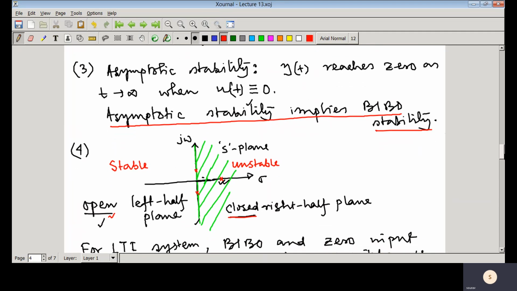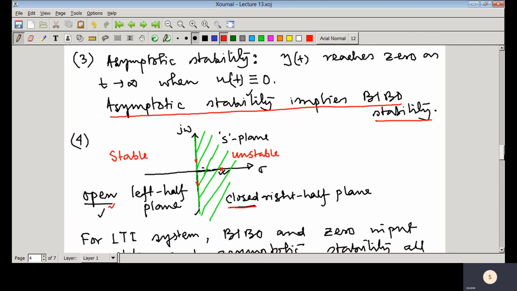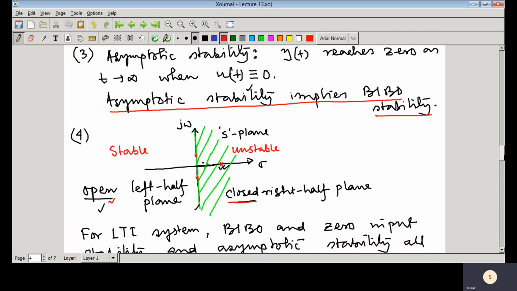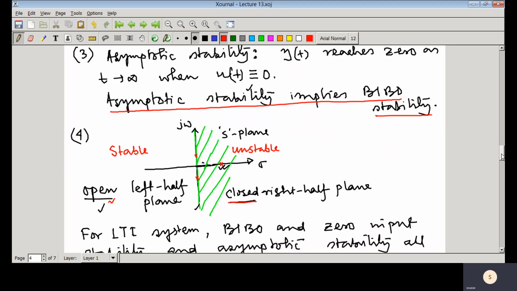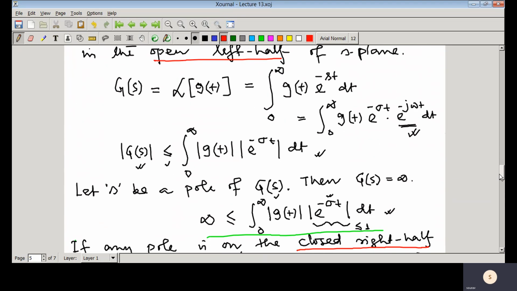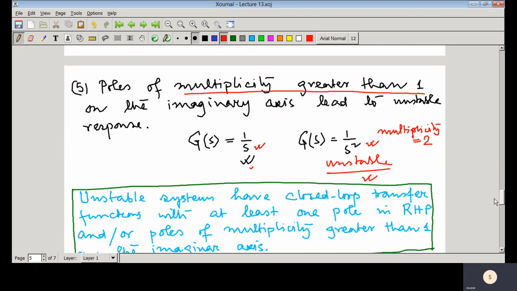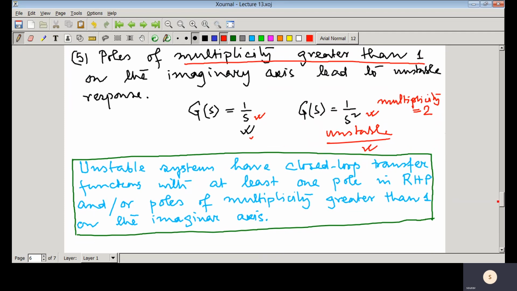And in the transfer function domain, we found that if an LTI system is given, the system would be stable if all of its poles lie in the open left half of the s-plane. If the system has poles on the imaginary axis, it would be marginally stable, but if the multiplicity is greater than 1, it would be unstable.